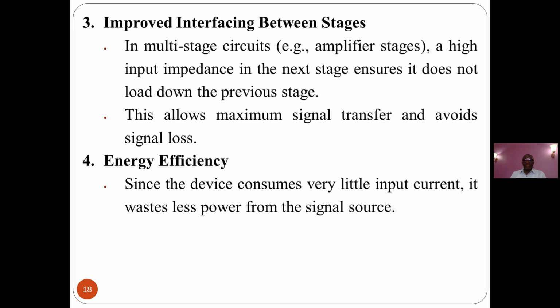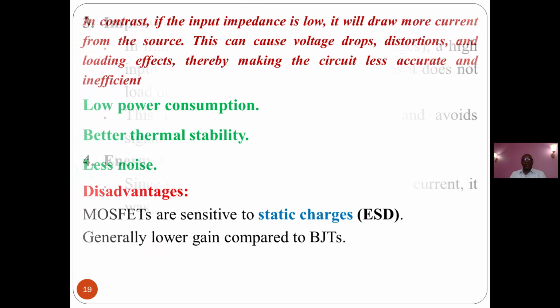Since the device consumes very little input current, it wastes less power from the signal source. So it manages its energy. In contrast, if the input impedance is low, it will draw more current from the source.